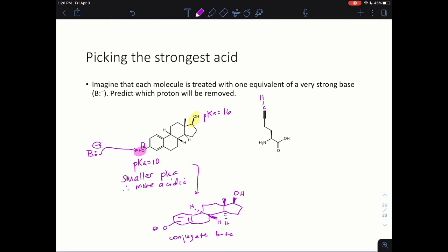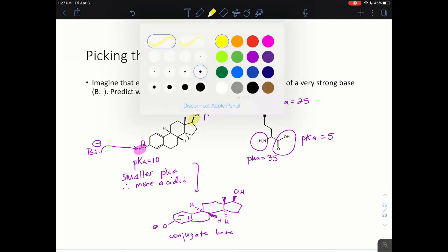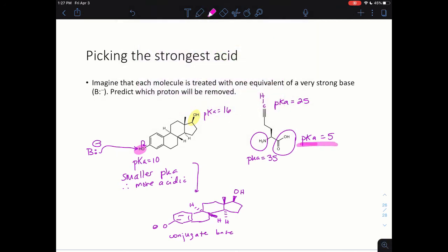Now let's try again for the unnatural amino acid. We had determined that the pKa of the terminal alkyne functional group was about 25. The pKa of the carboxylic acid would be about 5. And the pKa of the amine would be about 35. So the most acidic proton here for the unnatural amino acid will be the one with the lowest pKa, which is the carboxylic acid.